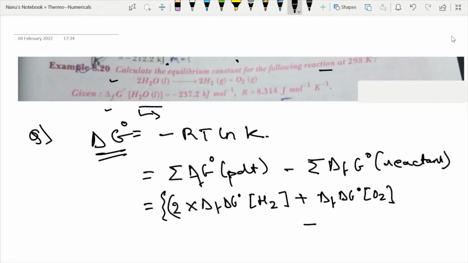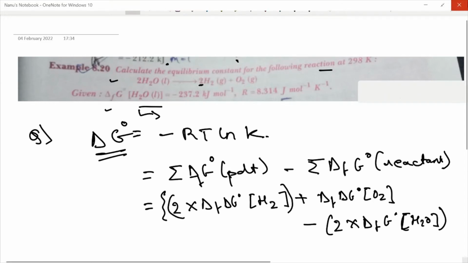Let me take another bracket, because I have 2 as the stoichiometry over here, minus 2 of del Fg dot of your water.